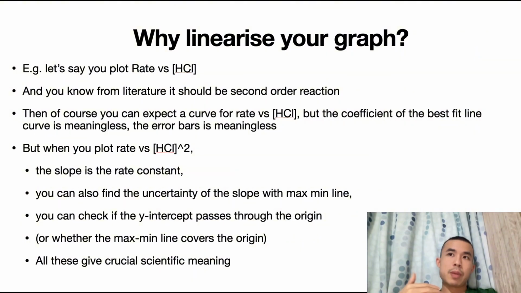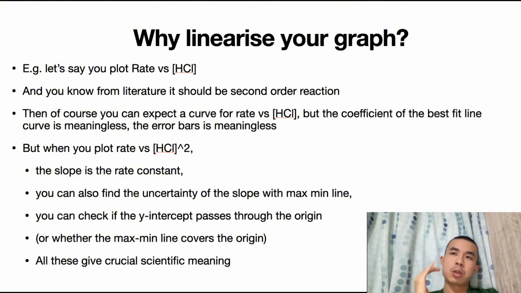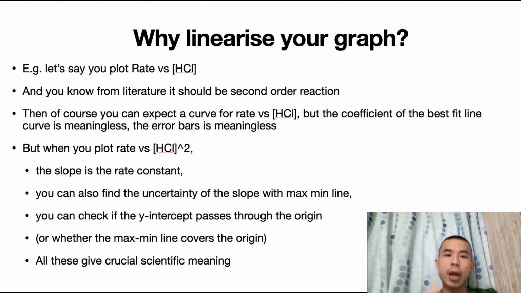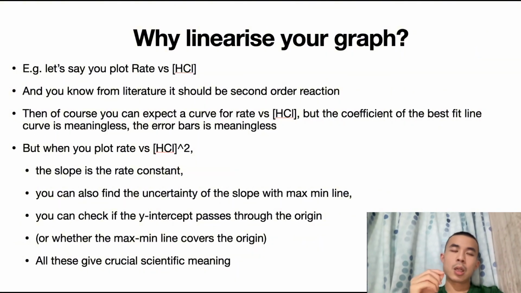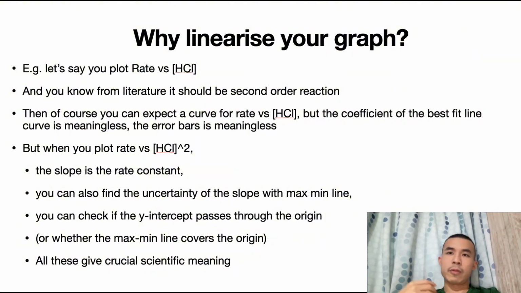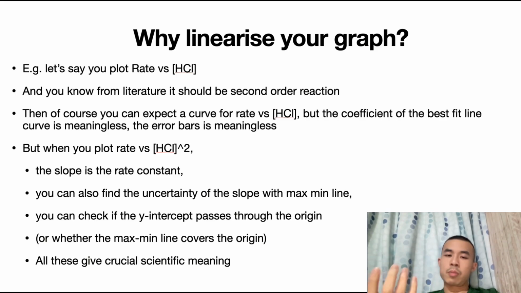But it would be best to make the x-axis the concentration of HCl squared. The reason is that once you square it, you know the slope is actually the rate constant, and you can also check whether the straight line passes through the origin, using the max min line. You can evaluate whether the uncertainty of the y-intercept covers the origin. If it does, then it's an uncertainty problem.